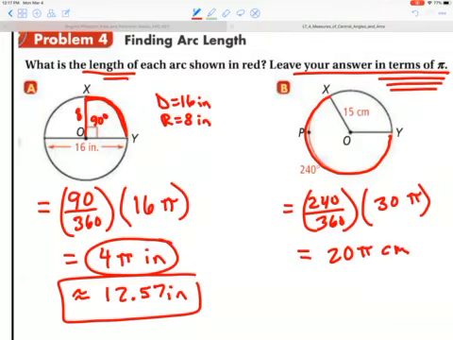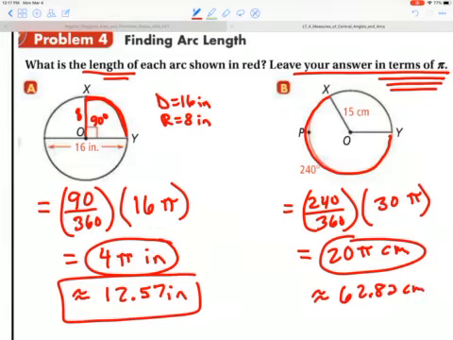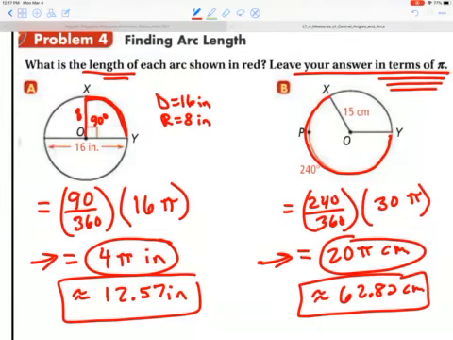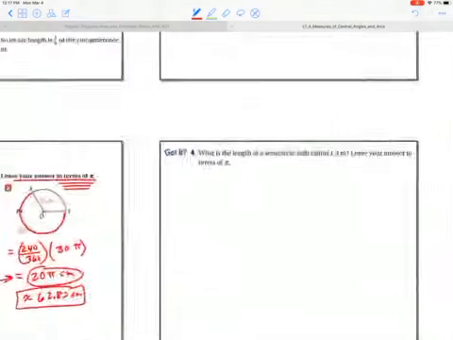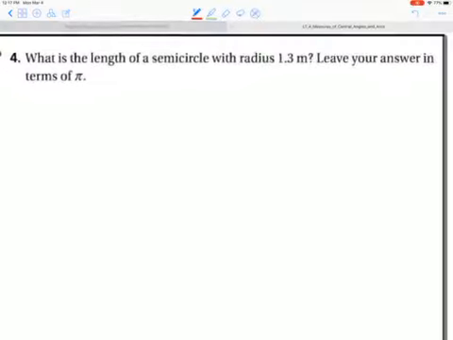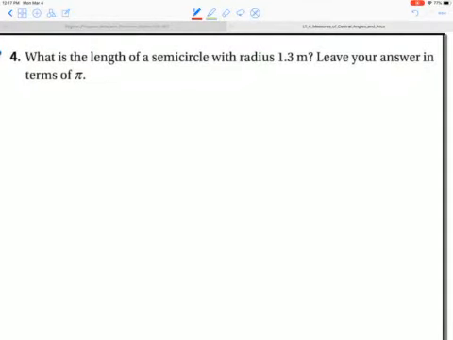That is my exact answer in terms of pi. Now, if you type that in, you'll get approximately 62.83 centimeters. So you need to know how to write your answers in terms of pi. Make sure you're able to do that. Pause the movie, try this on your own, and press play when you are finished.